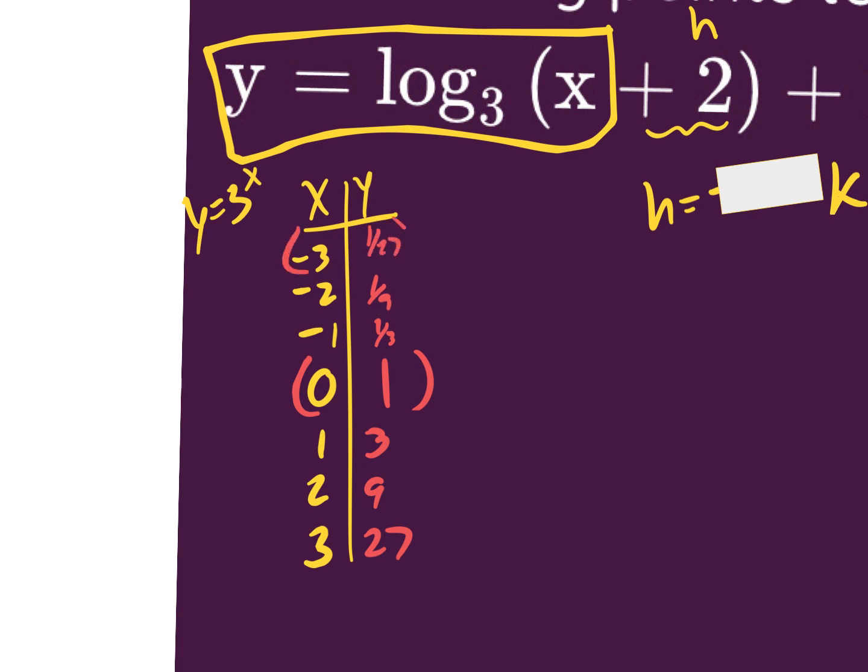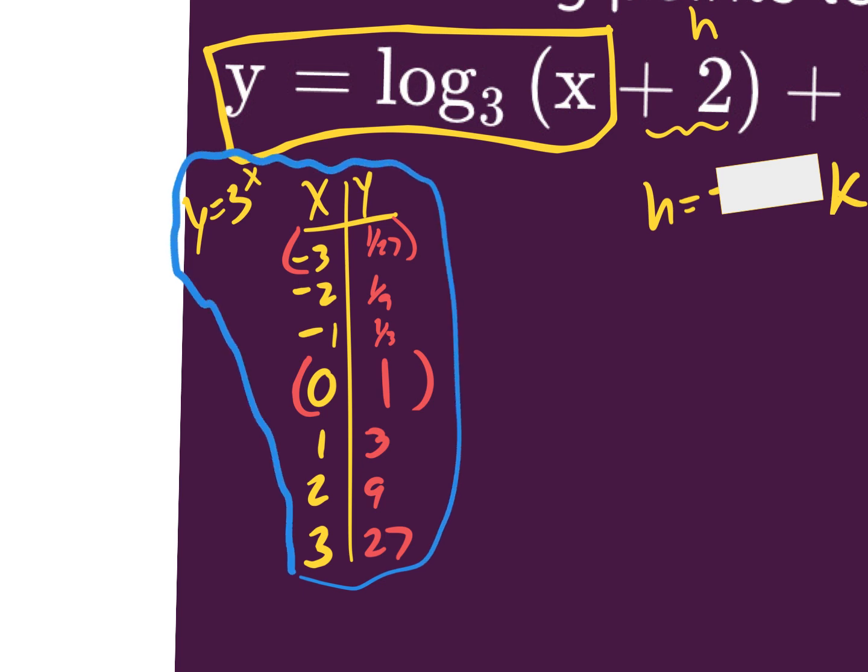Now, as long as you know that the values are getting smaller and smaller infinitely this way, and getting bigger by multiplying by 3 this way. Anyway, these are the coordinates of y equals 3 to the x, which is the inverse of y equals log base 3 of x.